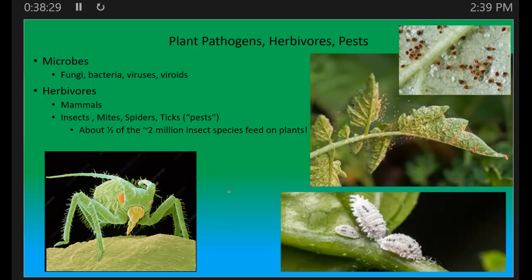That's a lot. And this is something that's been going on ever since insects evolved. They had to have something to eat, and plants were a good option. So here you're looking at this idea of insects co-evolved with plants over 350 million years.